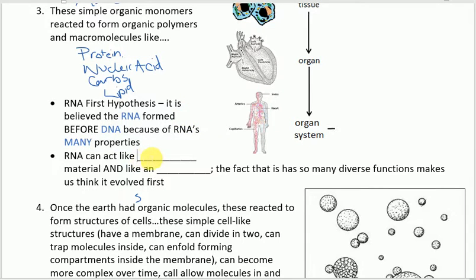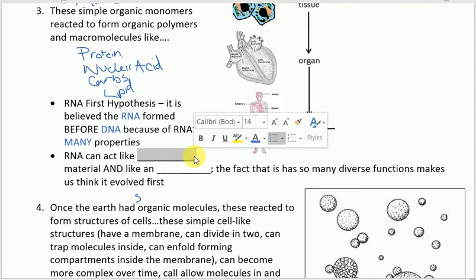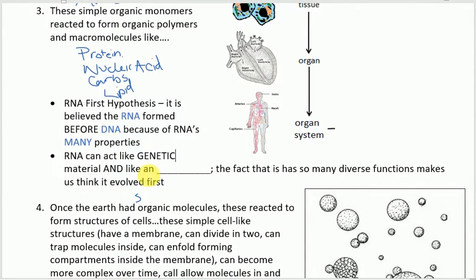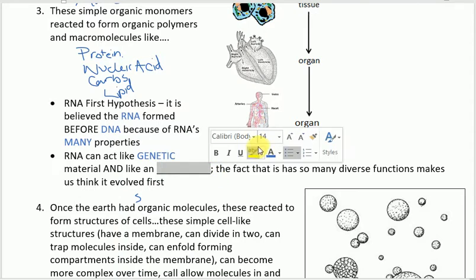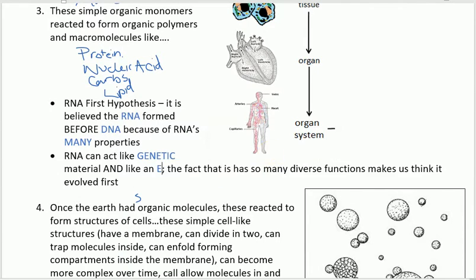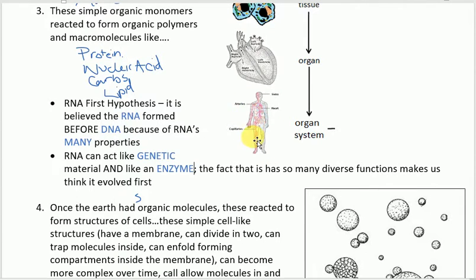So RNA, we know, can act like genetic material, and it can also act like an enzyme. And the fact that it has so many diverse functions makes us pretty sure that it evolved first.